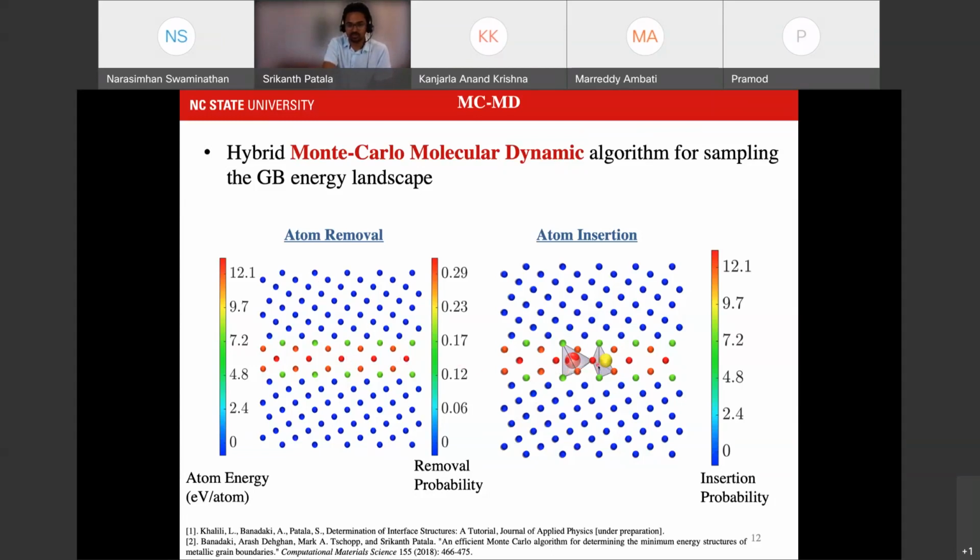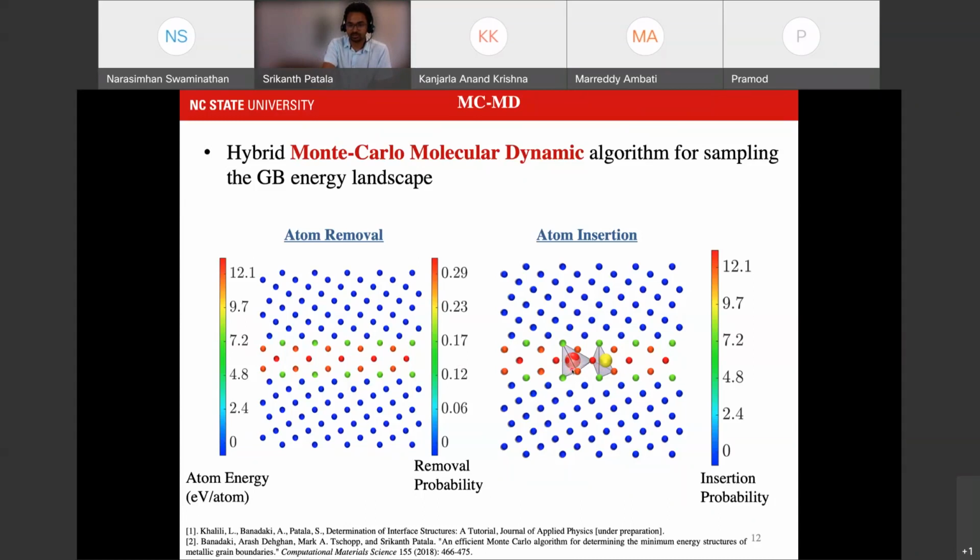So the combination of atom removal and insertion is what gives you this Monte Carlo scheme that results in very fast convergence to these low energy grain boundary structures.